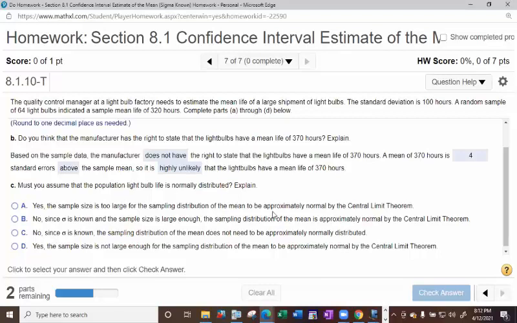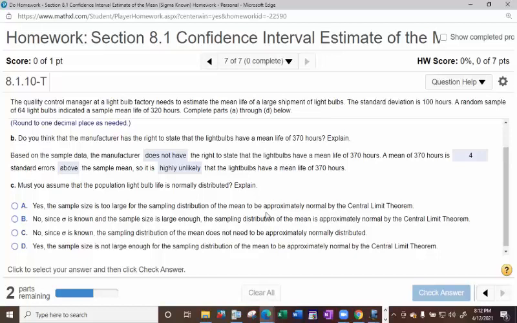This can be a little tricky. Must you assume the population light bulb is normally distributed? You see it's got questions about the central limit theorem. If we know the population standard deviation, and when it says large enough, remember that term: for the central limit theorem, 30 or more is considered large enough.